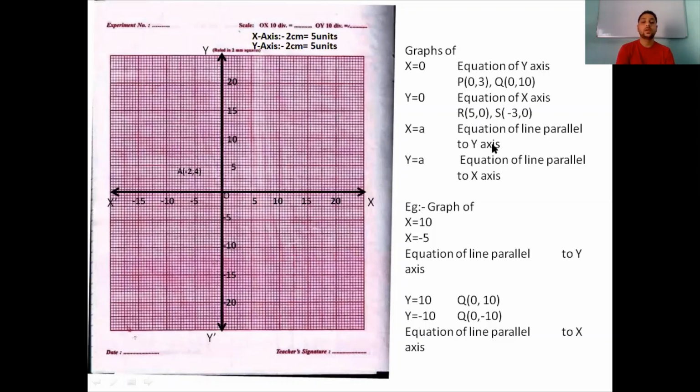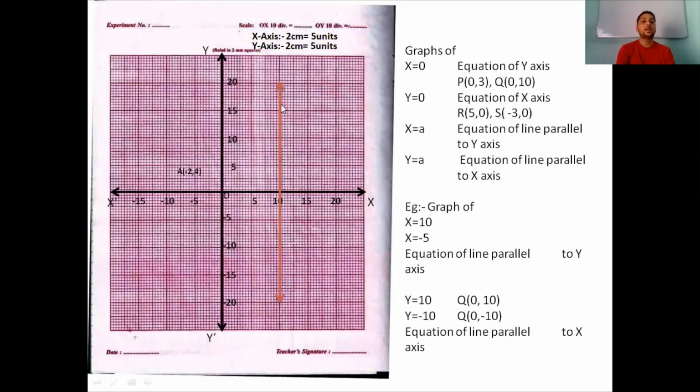For example, x equal to 10 here, and y can have any value. This will be the equation of your line. At this point x has a fixed value 10, and y can have any value on this line.